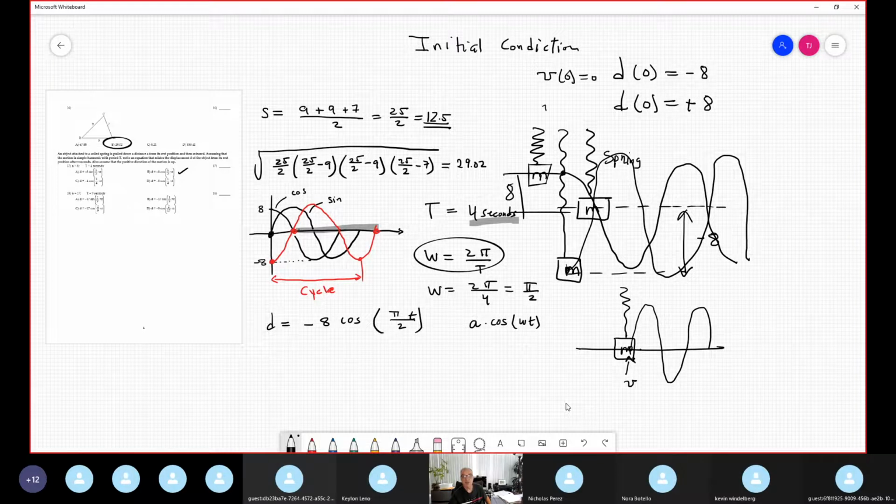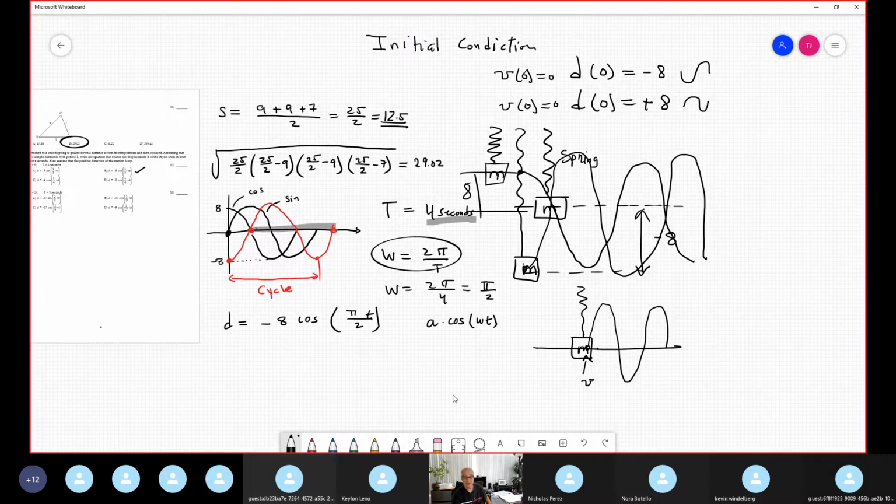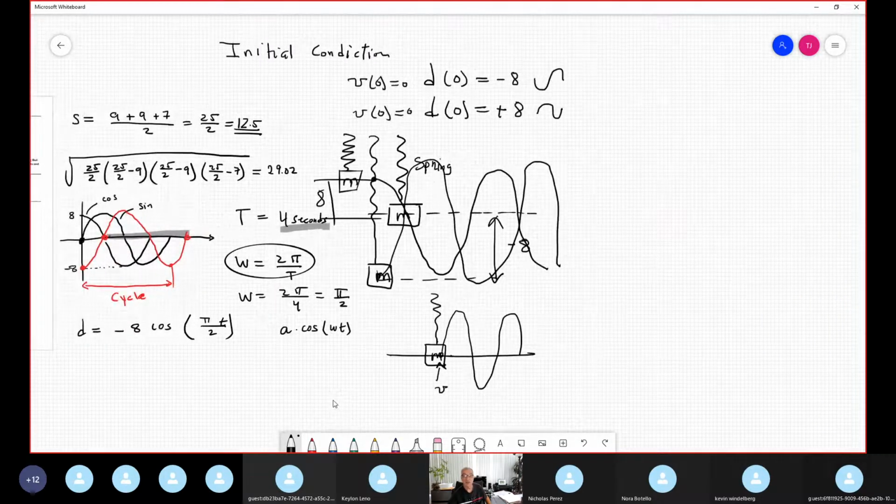No velocity. Therefore, this is negative cosine. This is positive cosine. Another possibility is, mathematically, the initial velocity is 10 meters per second and displacement at 0 is 0. I don't move. Velocity at 0 is -10 or negative whatever meters per second and displacement at 0 is 0.